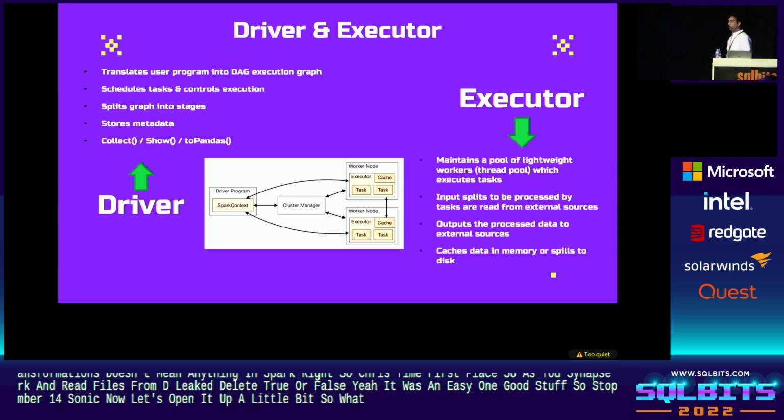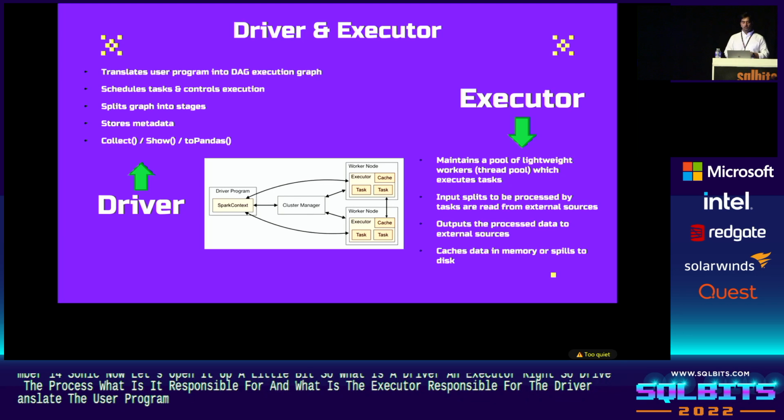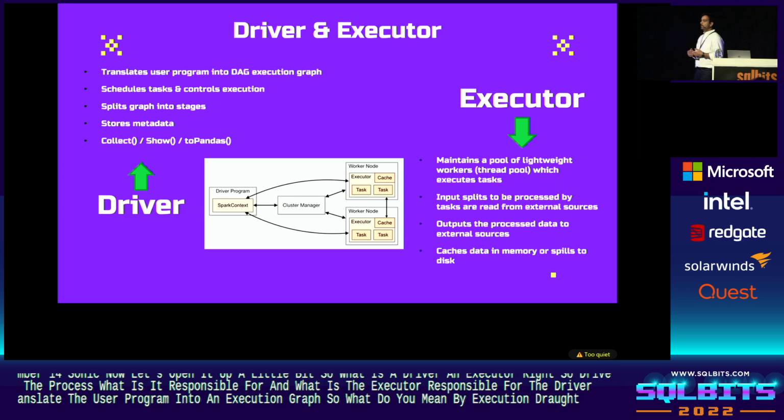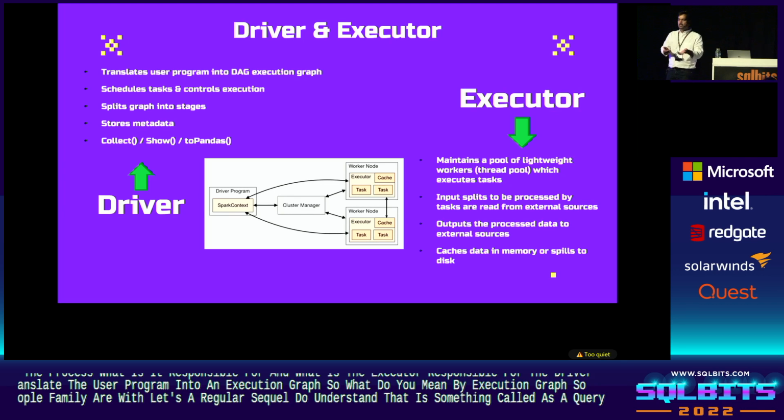So what is a driver and an executor? What is the driver process responsible for, and what is the executor responsible for? The driver translates the user program into an execution graph. What do I mean by execution graph? People familiar with regular SQL understand there is something called a query plan that is built by the engine.